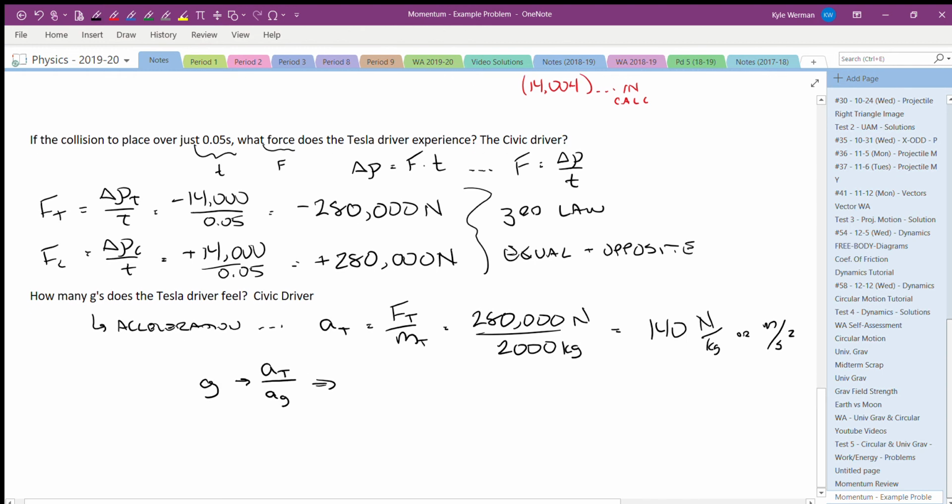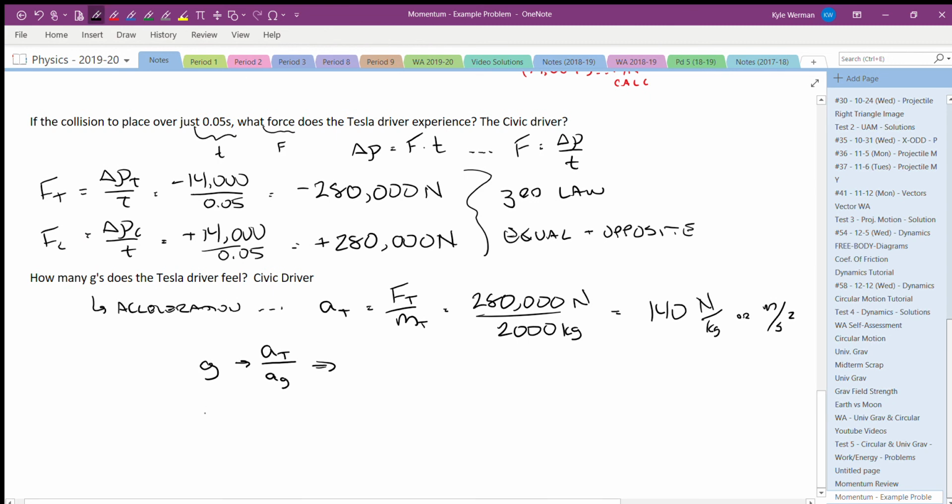All right, remember, if I wanted the G force, well, it would be the force applied over the weight, Fg. Well, isn't that just the mass times acceleration over mass times Ag? Notice the mass cancels, so you get the same ratio, whether you look at it as a force or an acceleration. And so the G's on the Tesla is going to be 140 meters per second squared over 9.8 meters per second squared.